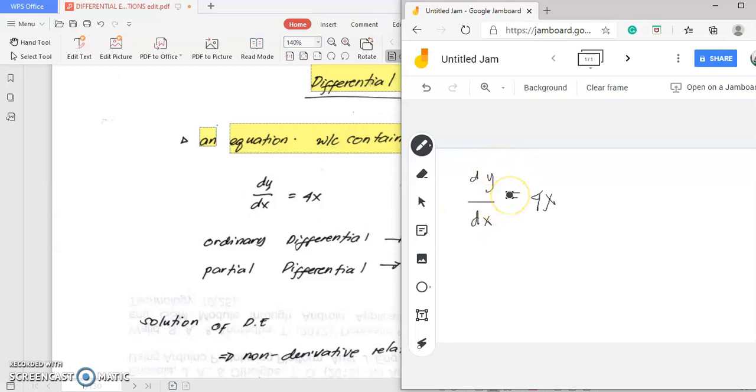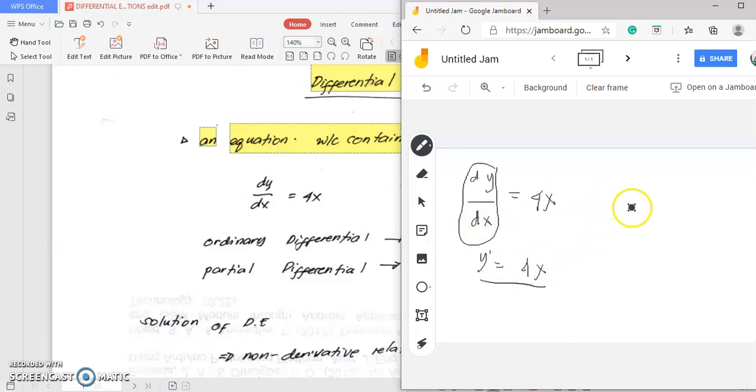In our integral calculus, you cannot integrate if there are two different variables. So, in your differential equation, you will always see this form, or this form will always be equal to y prime. Okay? 4x. Others represent it like this. Right? So, how will you do differential equation?